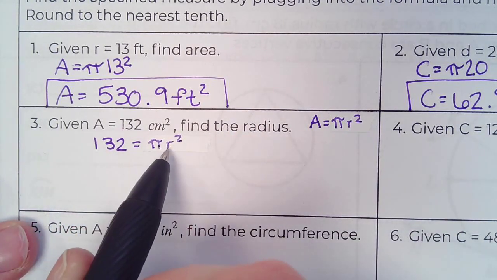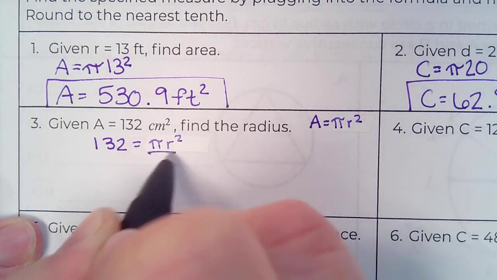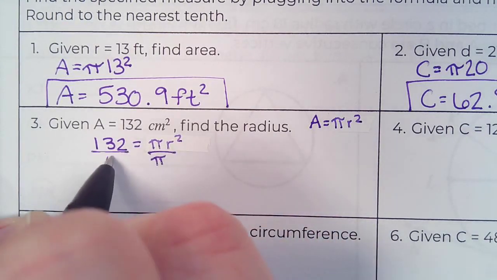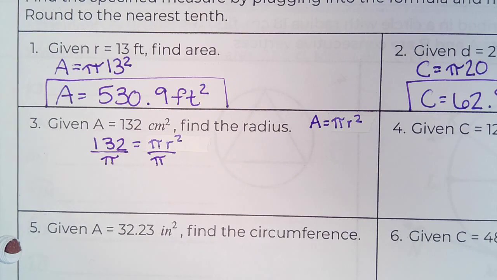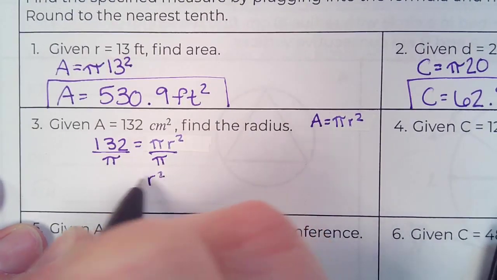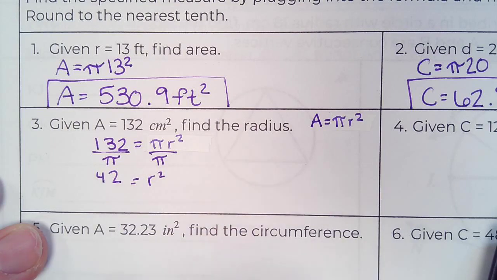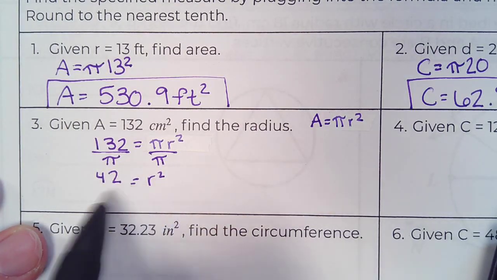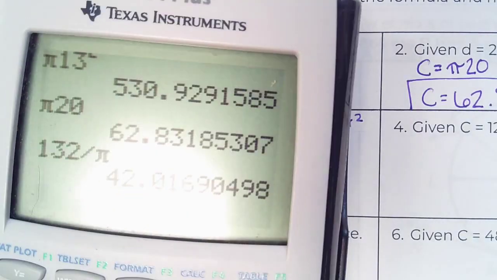So I want to get r alone, so first I have to move pi. I'll divide by pi. So 132 divided by pi, I get 42.06. So r squared equals 42. To get r alone, I would square root both sides. So I'm just going to leave it in my calculator and square it.